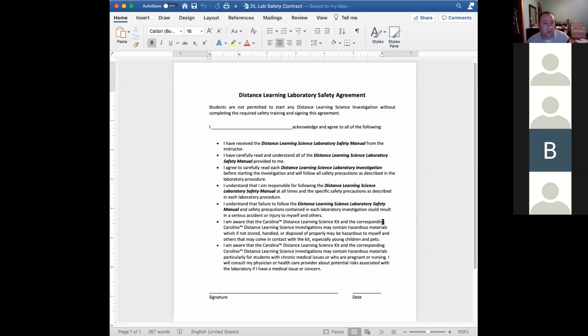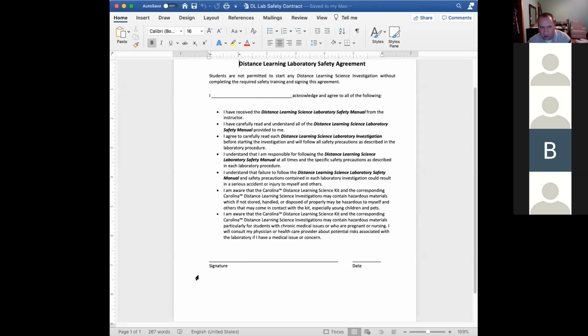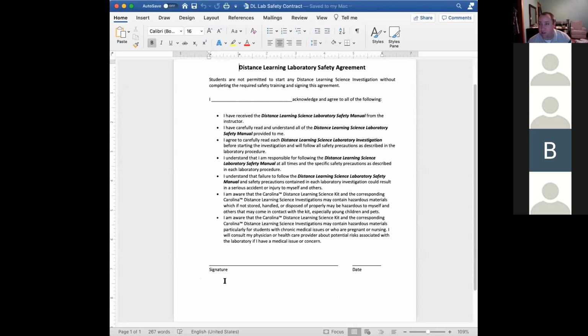And all you have to do is either print this and post it, or just type in here that you have gone through the safety materials, you've covered any questions that you had, you understand that there are going to be some risks involved with doing some labs in your house, and that you're fully aware of all of those risks. So put your name here digitally, or print it out and sign it here.